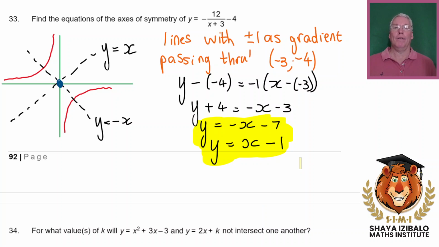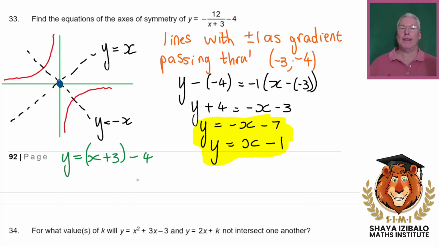Now let's take a look at another way of thinking about this. If we think about these axes of symmetry, y equals x, when the graph moves 3 to the left and 4 down, the axis of symmetry must as well. And remember, the way that we move a graph 3 to the left is we add 3, and 4 down we subtract 4.